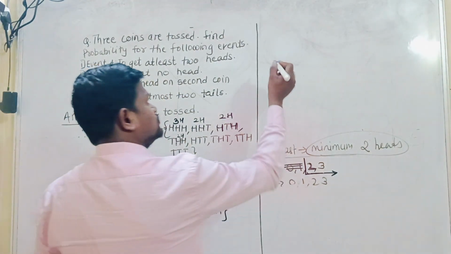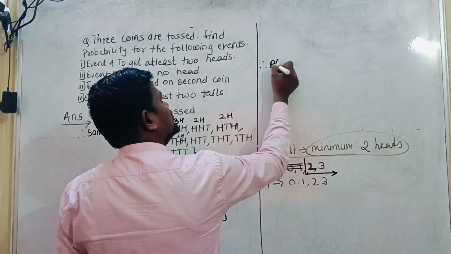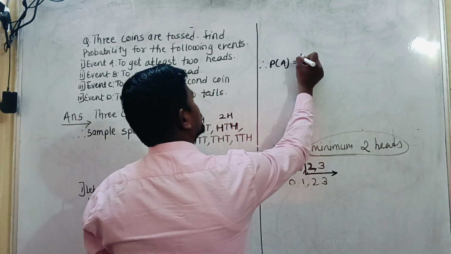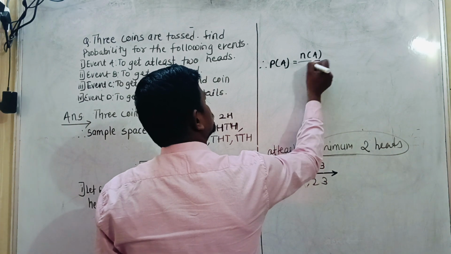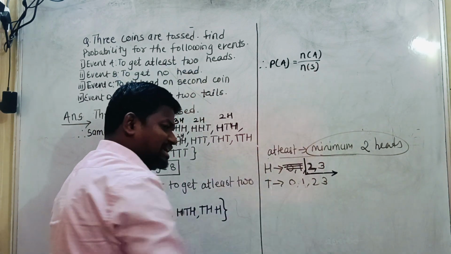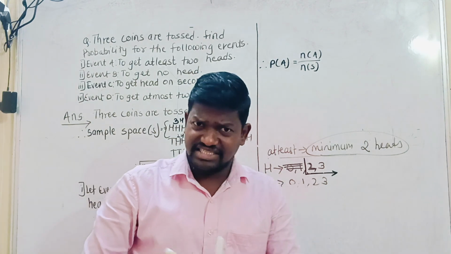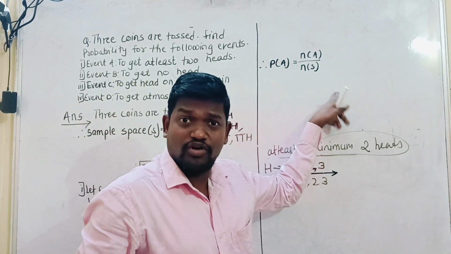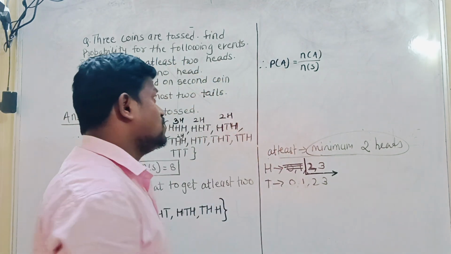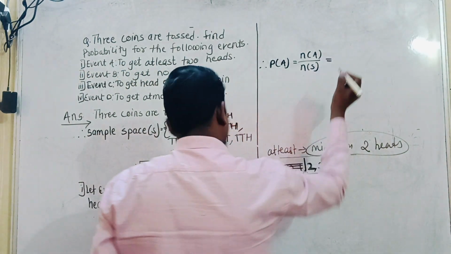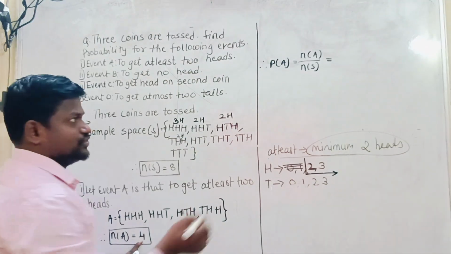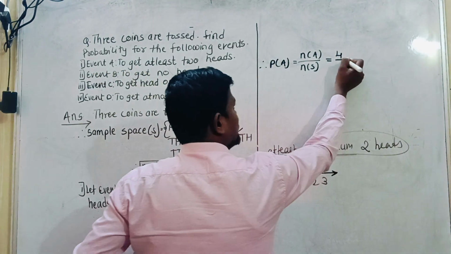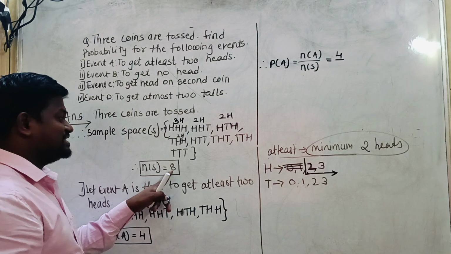Now we have to find the probability for this. Probability of A: we write down the formula, as we discussed earlier. P of A is equal to the number of A upon the number of S. The value for the number of A is 4, and the value of the number of S is 8.